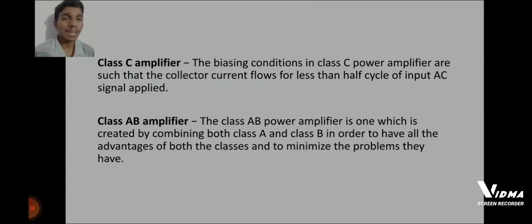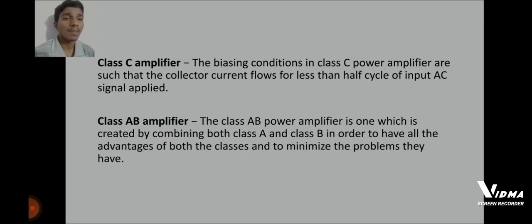And class AB amplifier. The class AB amplifier is one which is created by combining class A and class B in order to have all the advantages of both the classes and to minimize the problems they have.